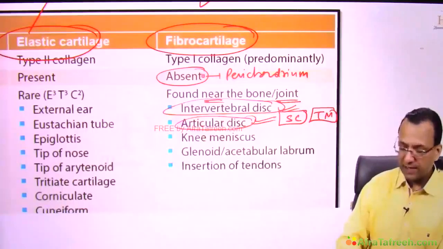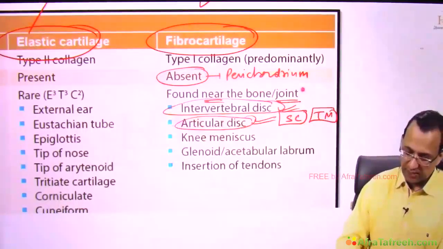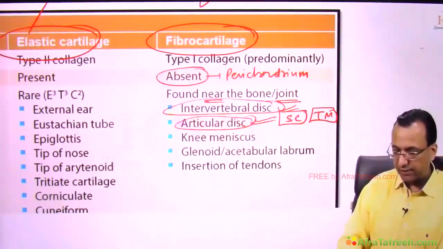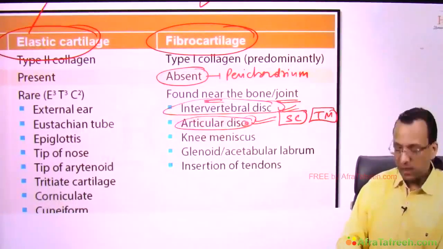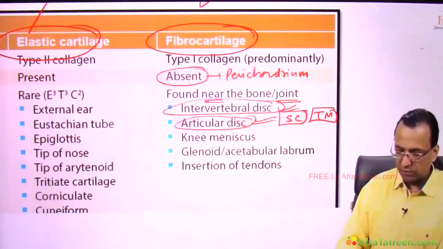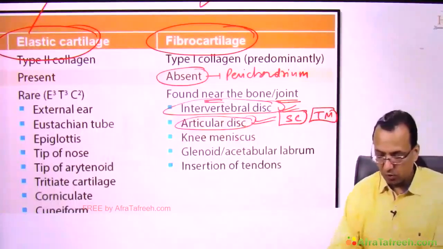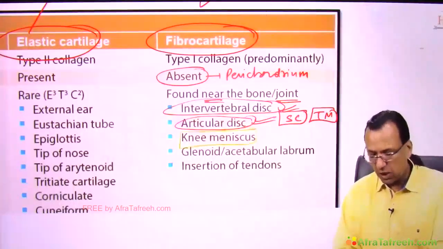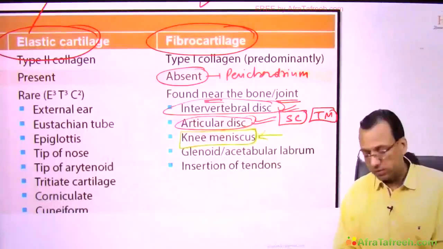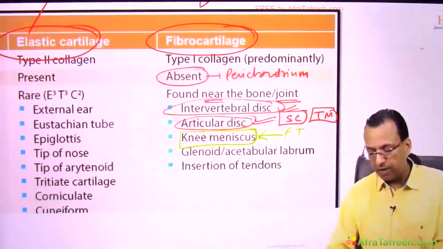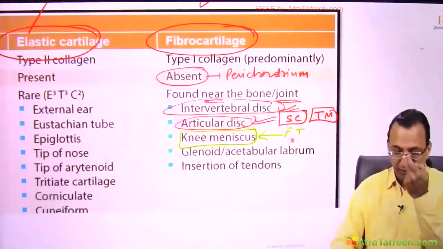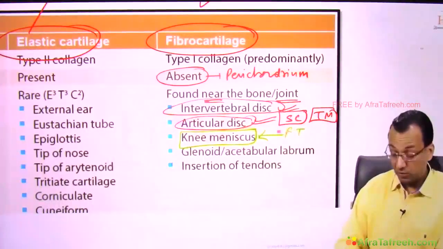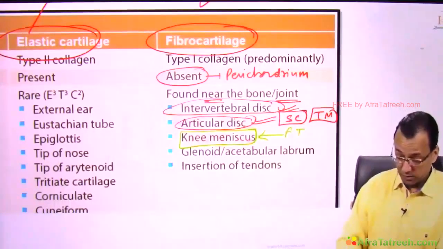Yes. And examples near the joints like intervertebral disc, like articular disc. Where articular disc? In the sternoclavicular joint, temporomandibular joint, and knee meniscus also. What about knee meniscus? Between the femur bone and the tibia bone, you have a chance of hitting one bone with the other bone. Yes, you have a shock absorber.